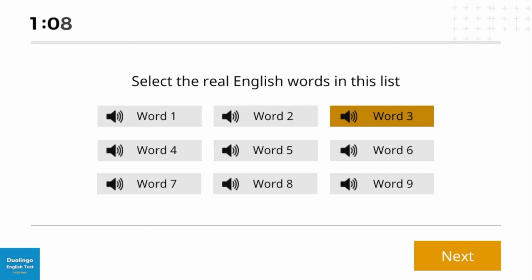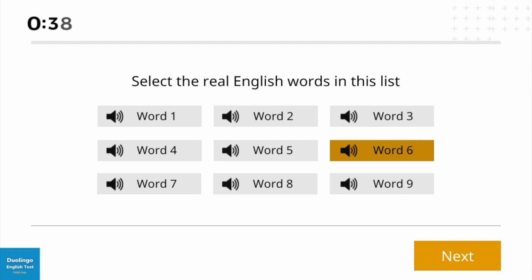Ozine, ozine, ozine. Likely, likely, likely. House, house, house.